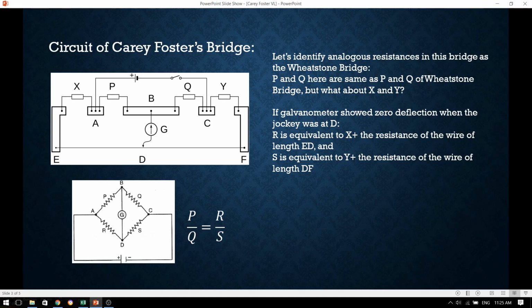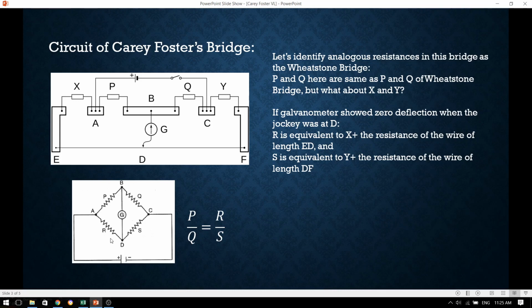Let us assume that the galvanometer is showing zero deflection when the jockey is at a certain point D. Then what will be equivalent to the R on the Wheatstone bridge?